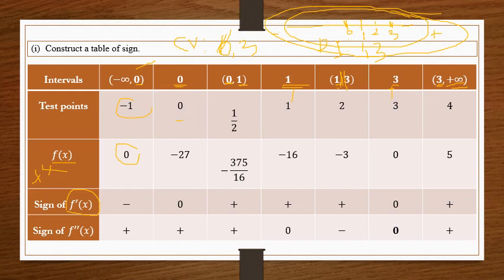If we substitute negative 1, our test point, into the first derivative of our function, we get a negative result, so the sign is negative. Then for 0 substituted into the first derivative, we get 0. The same with 1 half, which is positive. For 1, positive, and so on, positive.